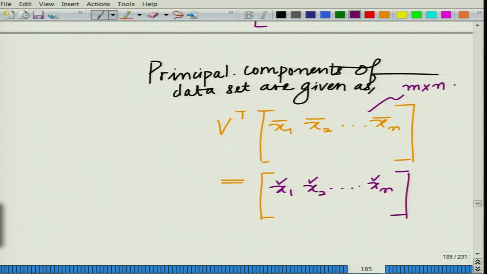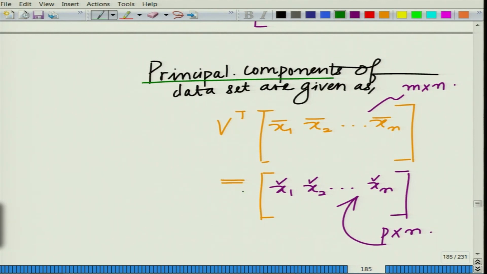So we started with this m cross n matrix, and this is the extracted features. These are the p cross n. This is the reduced dimension, or basically the dimensionality reduction. These are what we are calling the principal components of the data set.